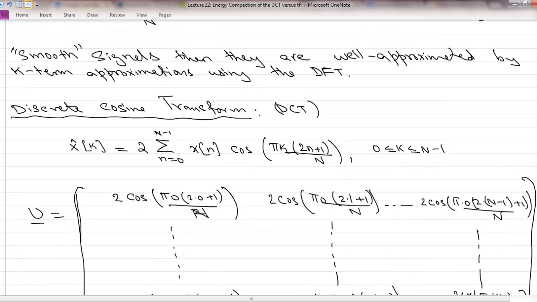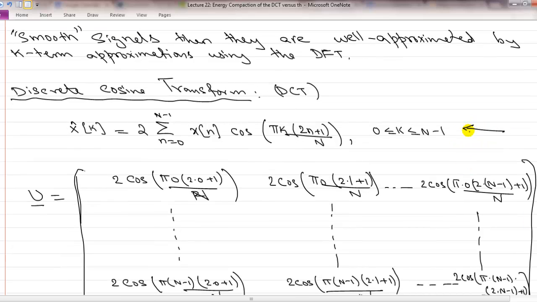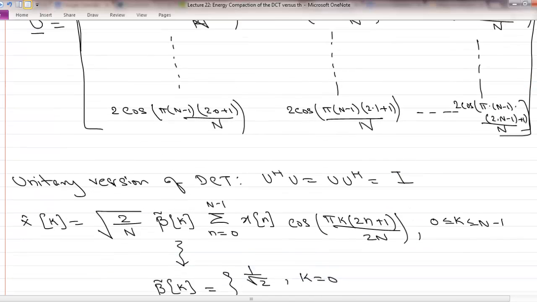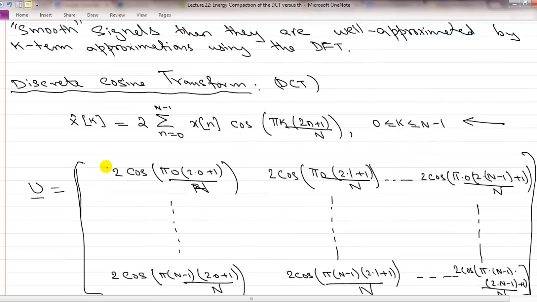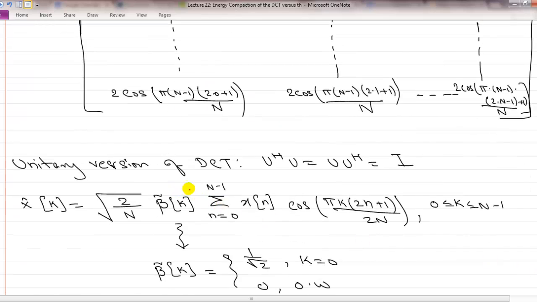If you compare it to the earlier formula, which is not the unitary transform variant, the main difference is that this 2 actually becomes 2 over square root of N. And the other thing is that there is another scaling factor, beta tilde k, which in the first row makes an appearance but doesn't appear anywhere else. In the first row that is 1 over square root of 2, and in the other rows it doesn't appear.